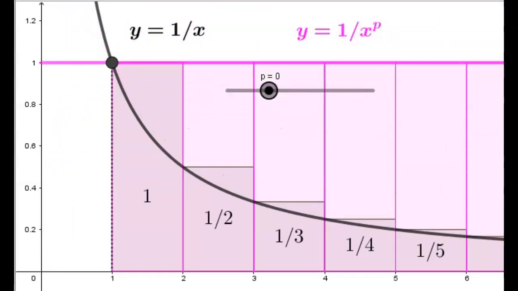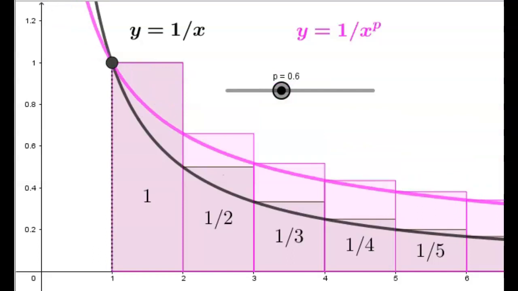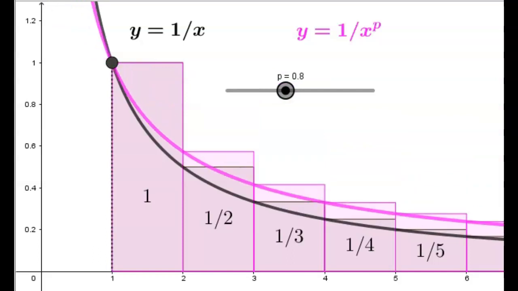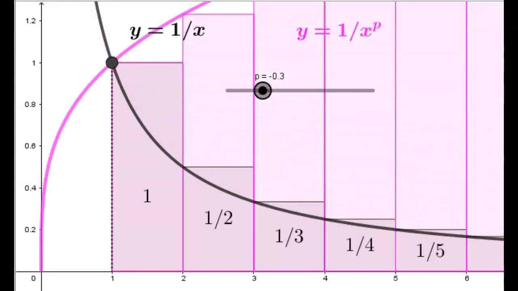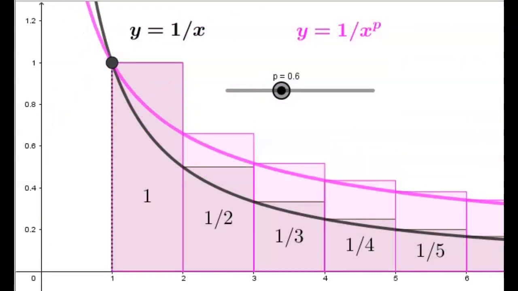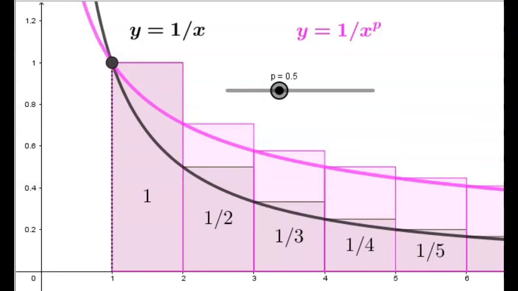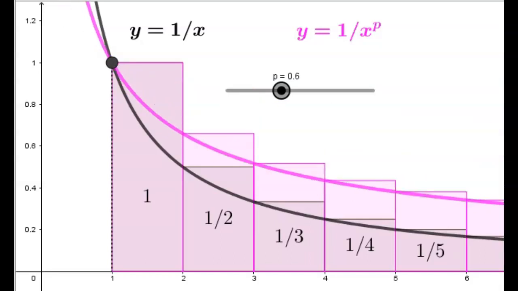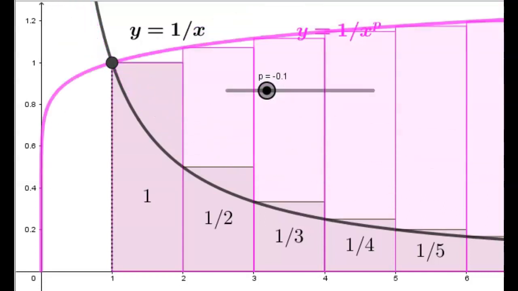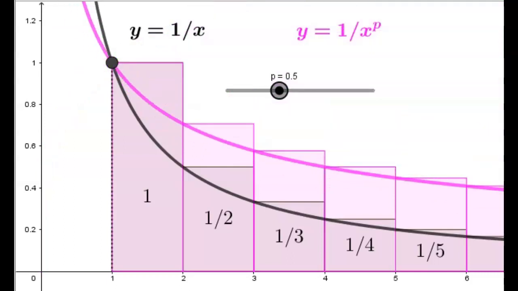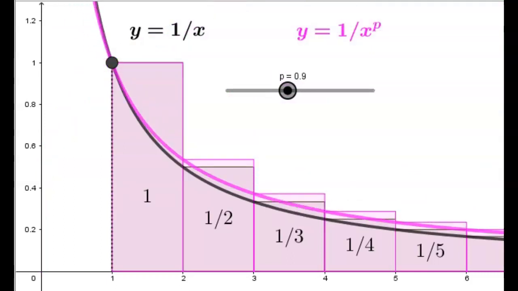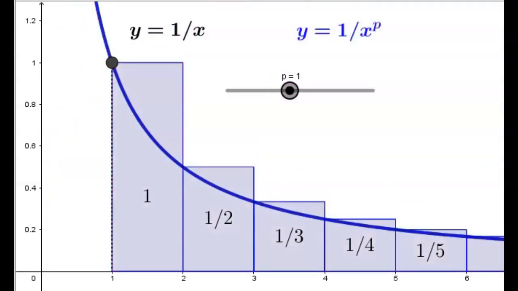This thing just varies continuously, and so long as p is under 1, the curve, and therefore all those rectangles, stay above that known divergent harmonic series. So any p-series where p is less than 1 will necessarily diverge by comparison with the old harmonic series. Okay, that's nice, but bring it back to 1. When p is 1, the p-series is the harmonic series, so of course it still diverges.